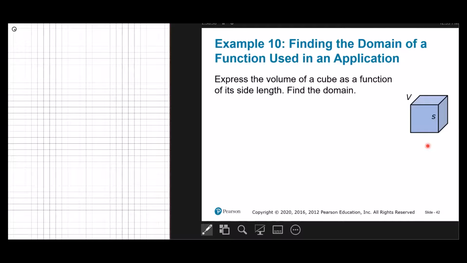Wasn't it base times width times height? Well, that's for a rectangular solid. Length times width times height, right? Well, what is it when all three of these are the same? That's for a cube. This is when they're all different. So when all of these are the same, what is that? The volume equals what?